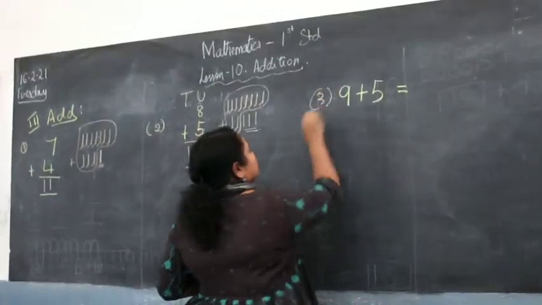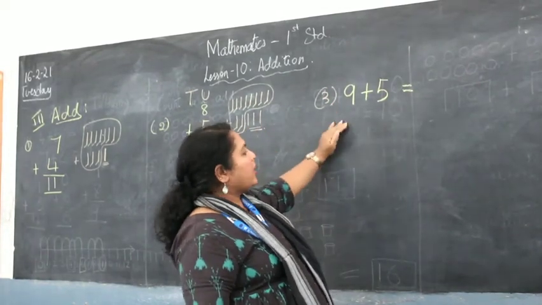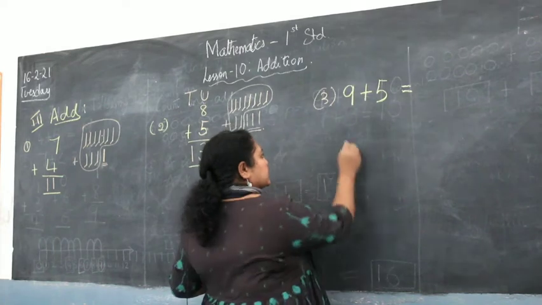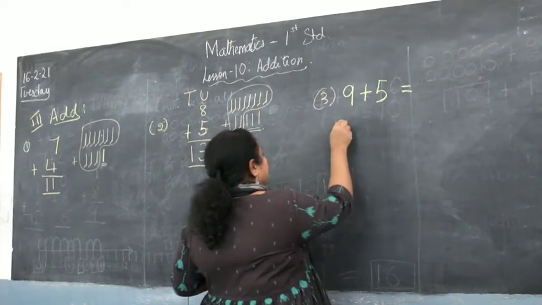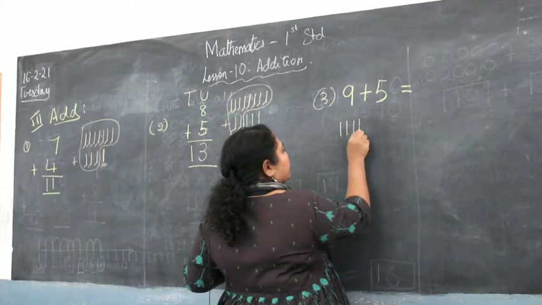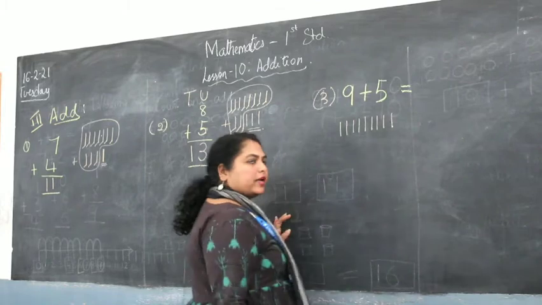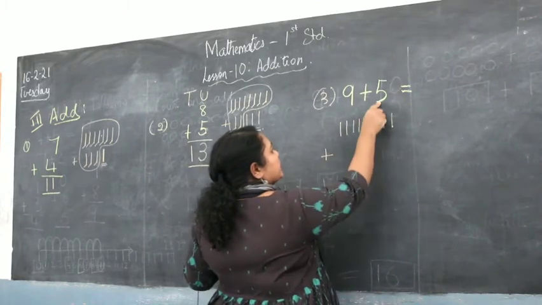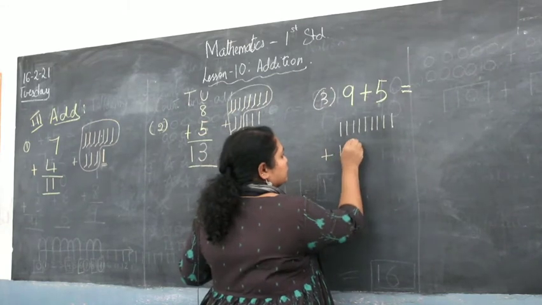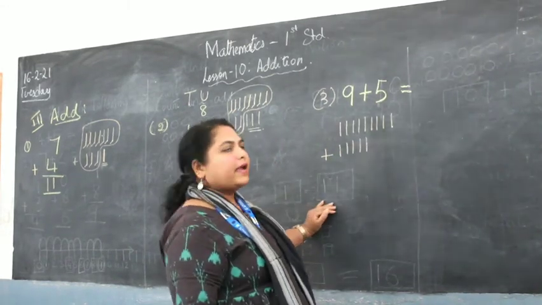Third one, 9 plus 5. The same addition. I am going to draw the sticks below this. First we have 9 sticks. 1, 2, 3, 4, 5, 6, 7, 8, 9. Correct? Plus, how many sticks do we need to draw? 5. 1, 2, 3, 4, 5. Now let's group this up in tens first.